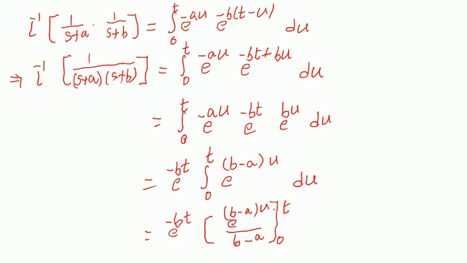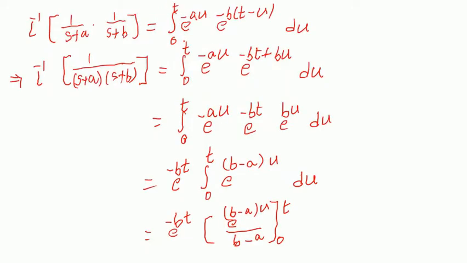Now in the place of u substitute the upper limit and lower limit. So then what will we get here? This is equal to e power minus bt into, in the place of u you can substitute the upper limit t. So what happens?